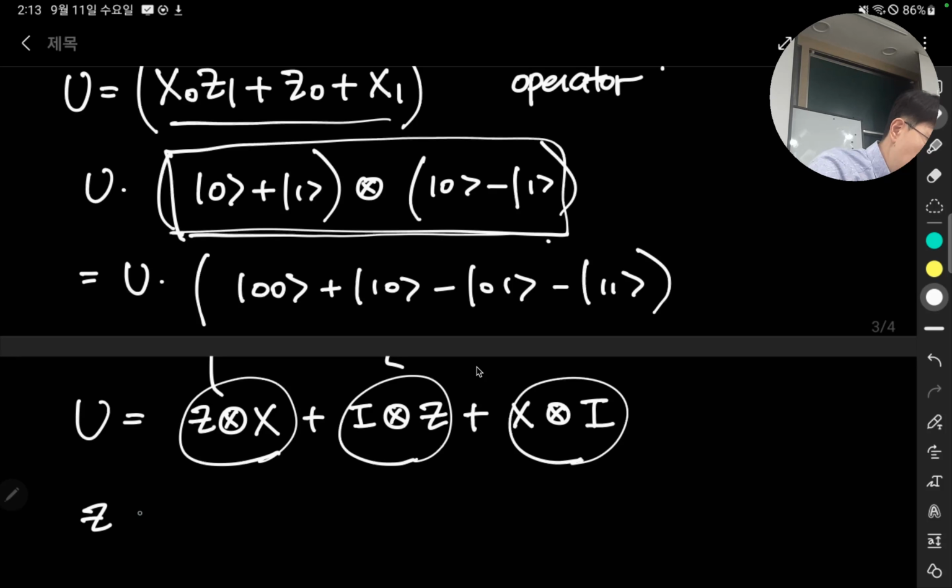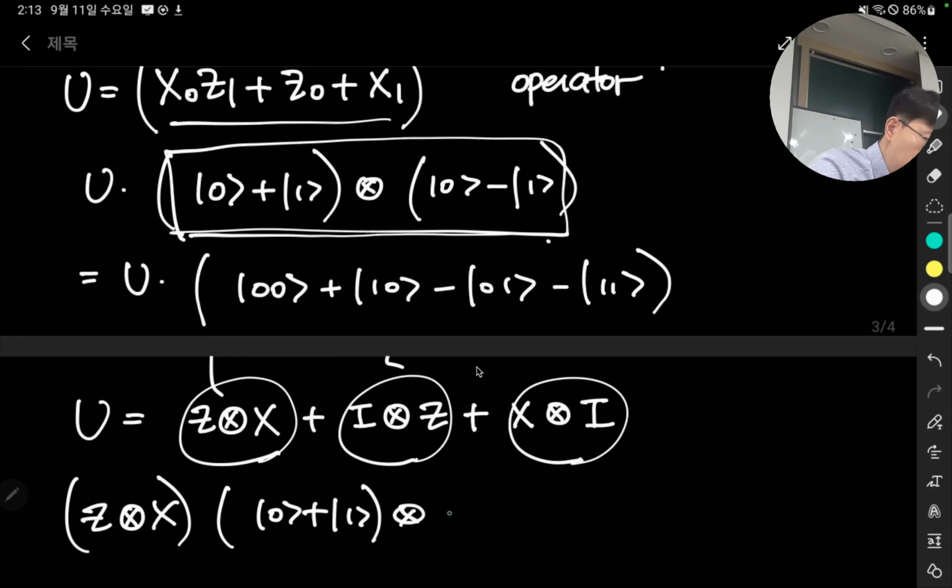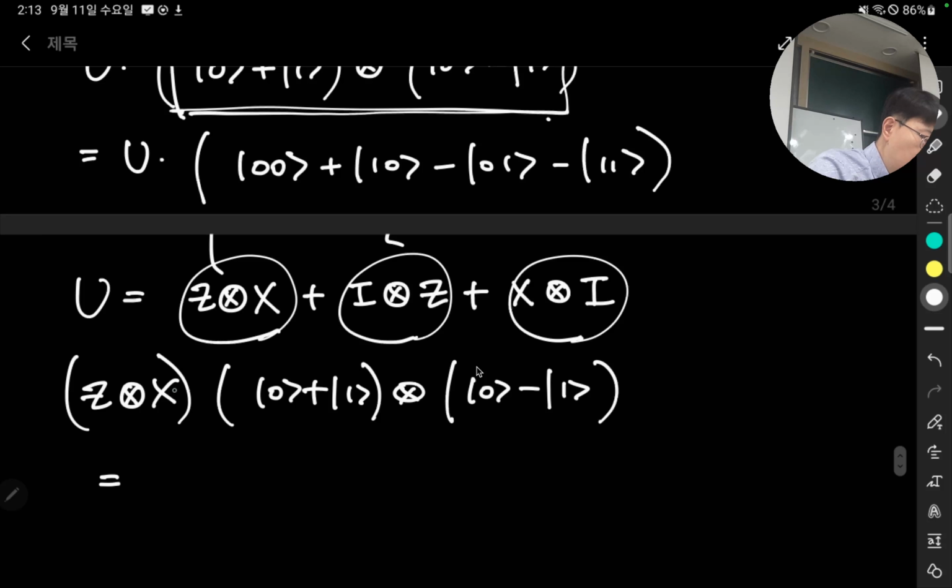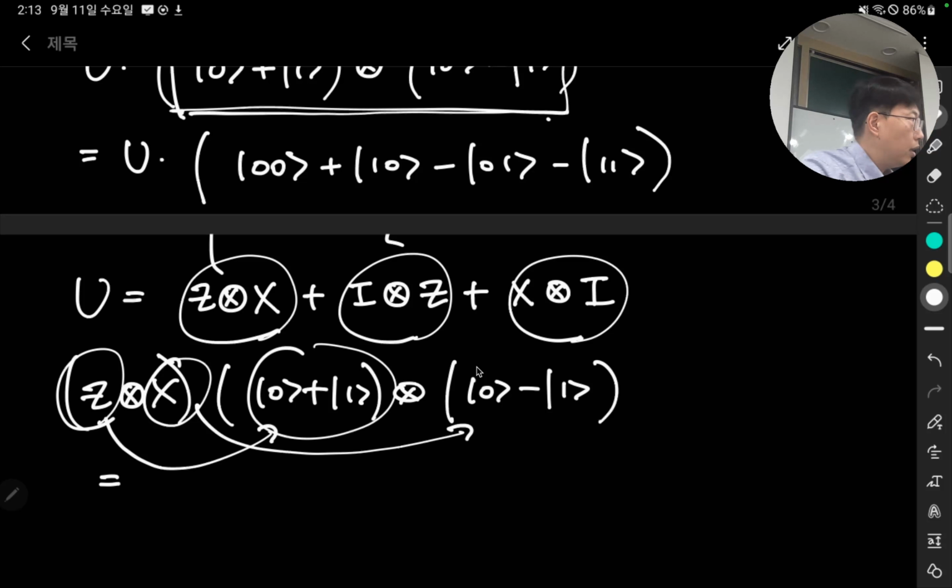So first, ZX applied to (0 plus 1) tensor (0 minus 1) is defined by applying the gate on qubit 0 to the qubit 0 state, and the gate on qubit 1 to the qubit 1 state.